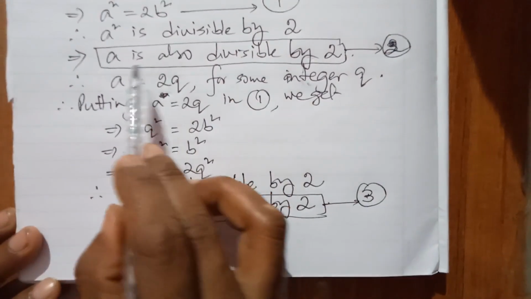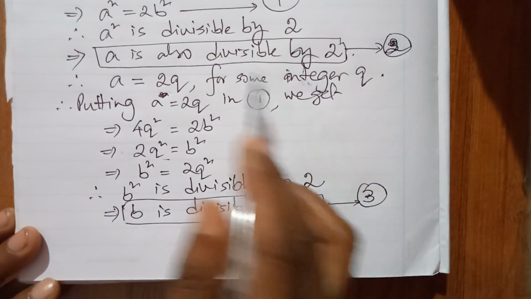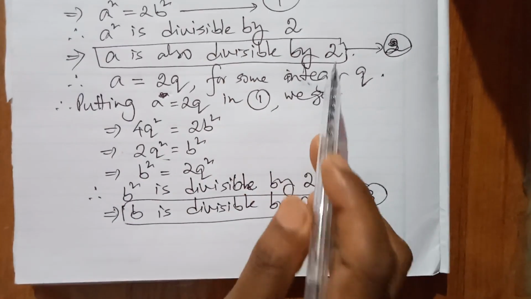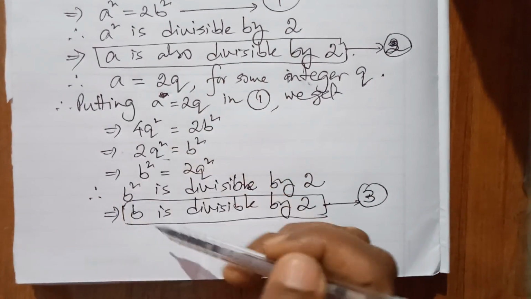Now from result 2 and 3, it is clear that both a and b are divisible by 2. So 2 will be a common factor for both a and b.